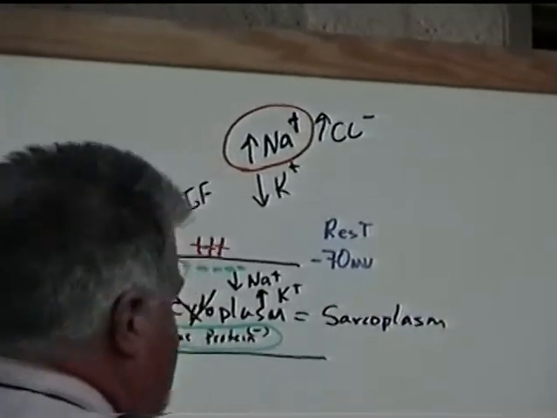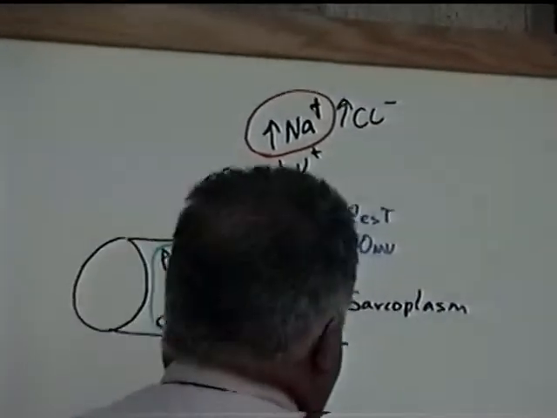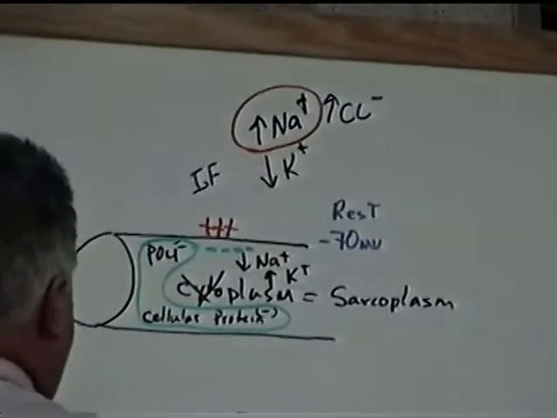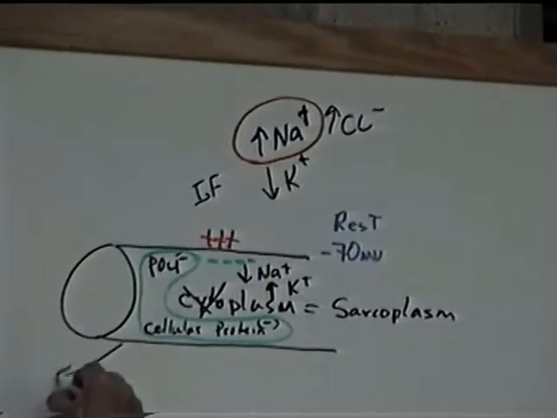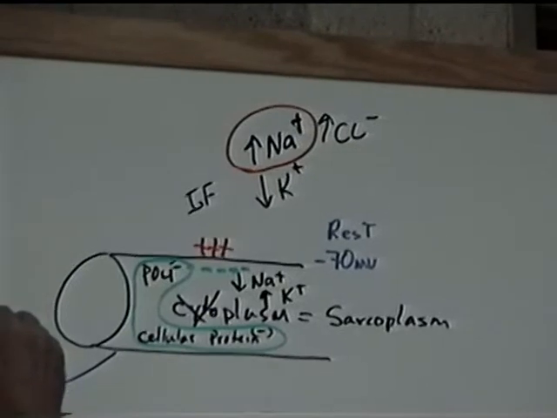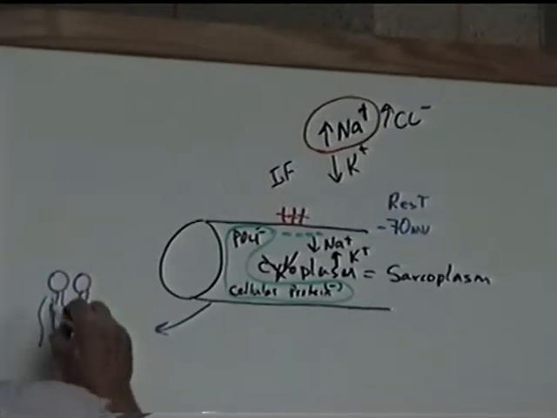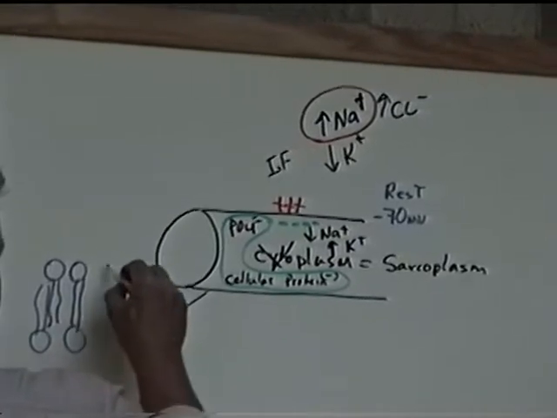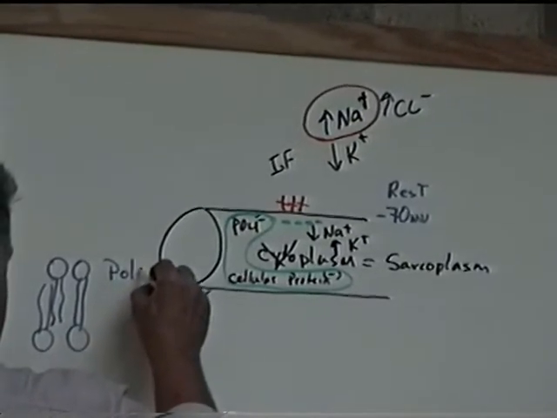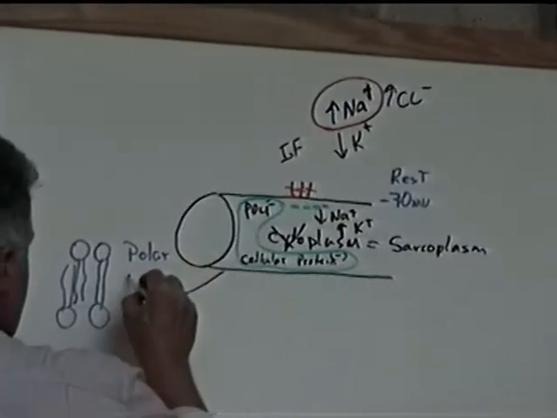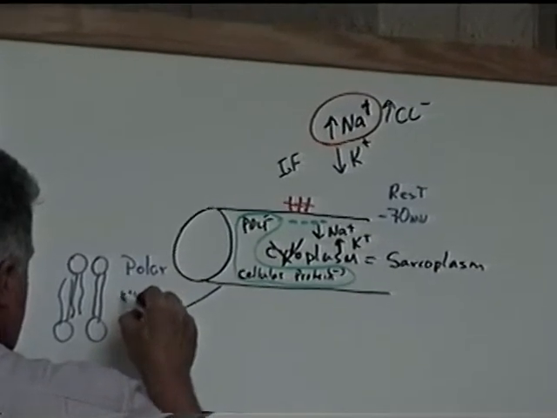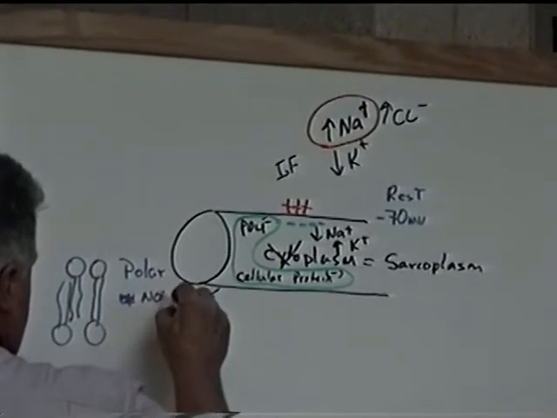Now there's one other piece of the puzzle here. Membranes, remember, are bilipid layers, so we end up with a polar part of the membrane to the outside, and the center of the membrane is nonpolar.